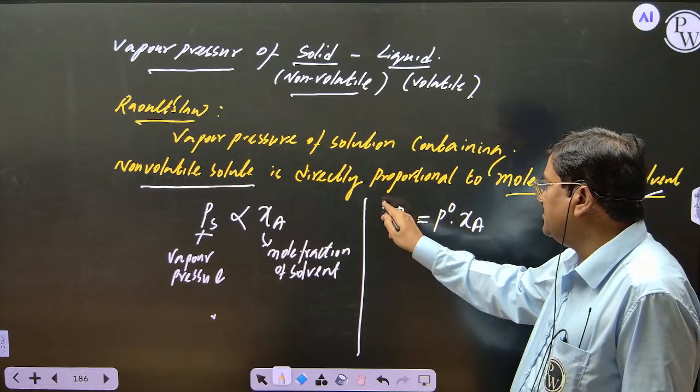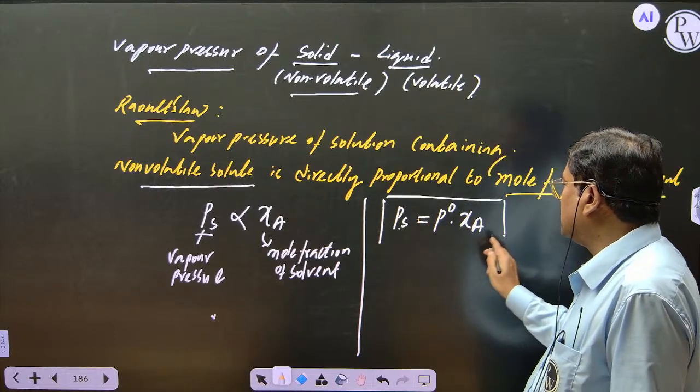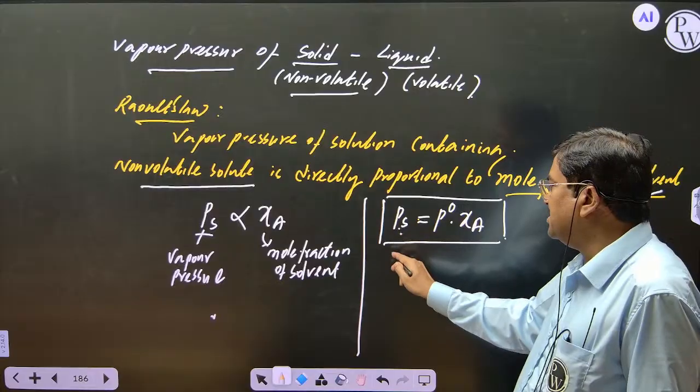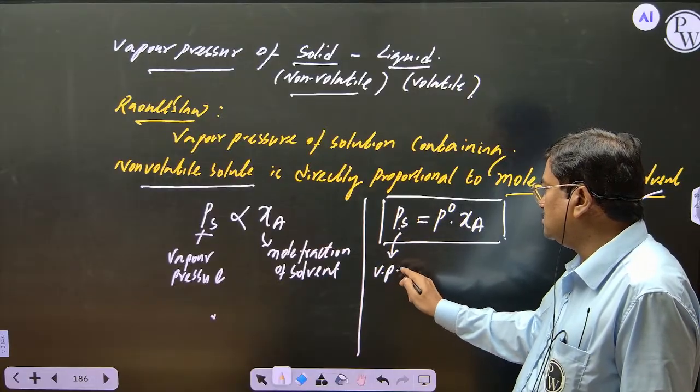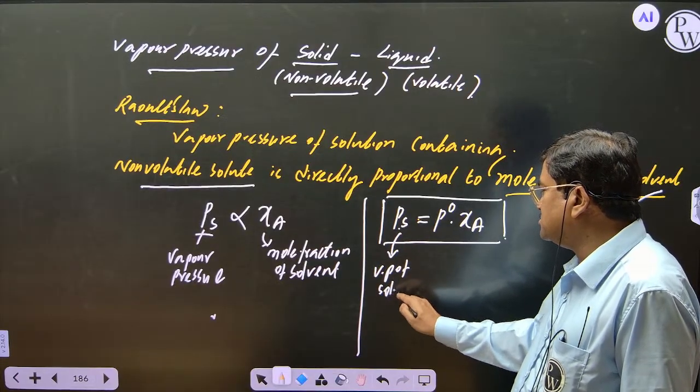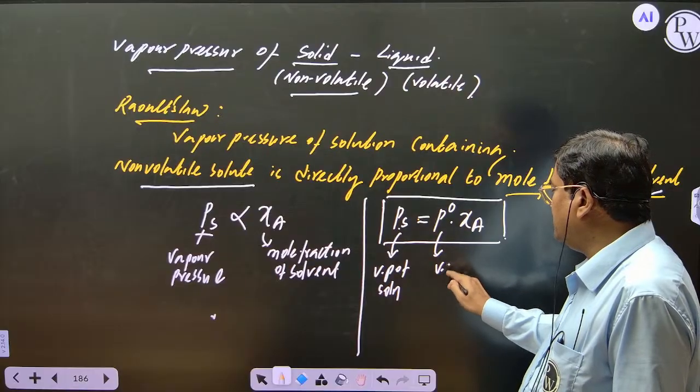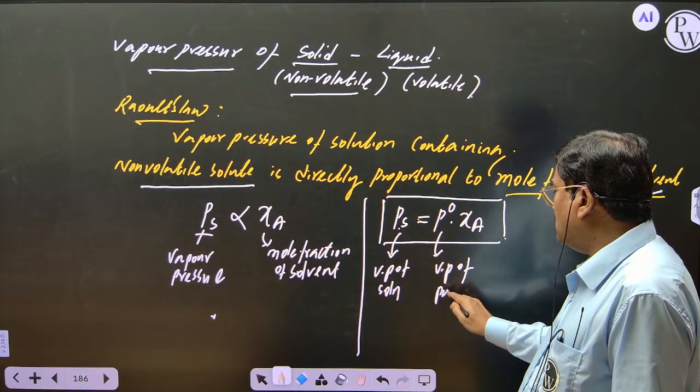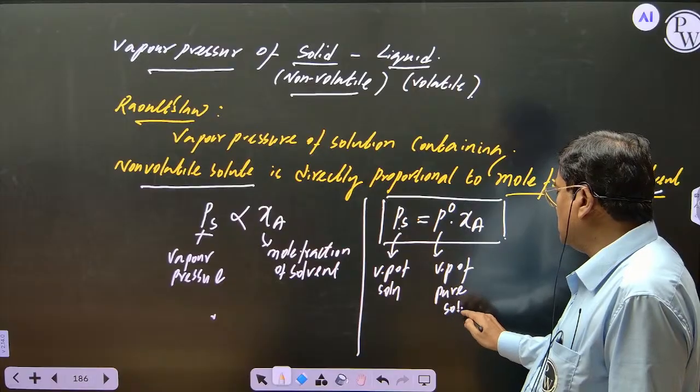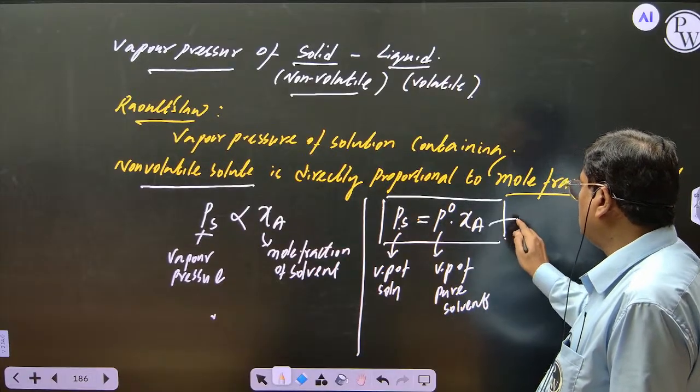This relation we wrote in the previous class, recollect, where Ps is the vapor pressure of solution, and P naught is the vapor pressure of pure solvent, and chi is the mole fraction of solvent.